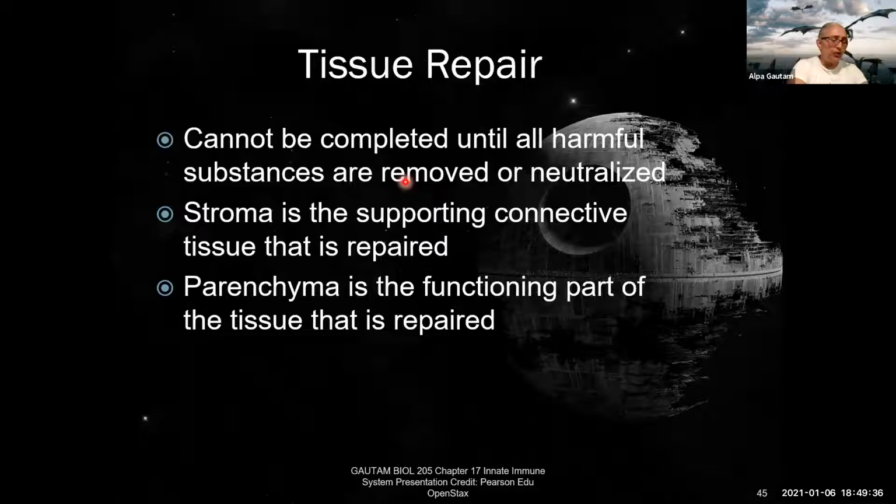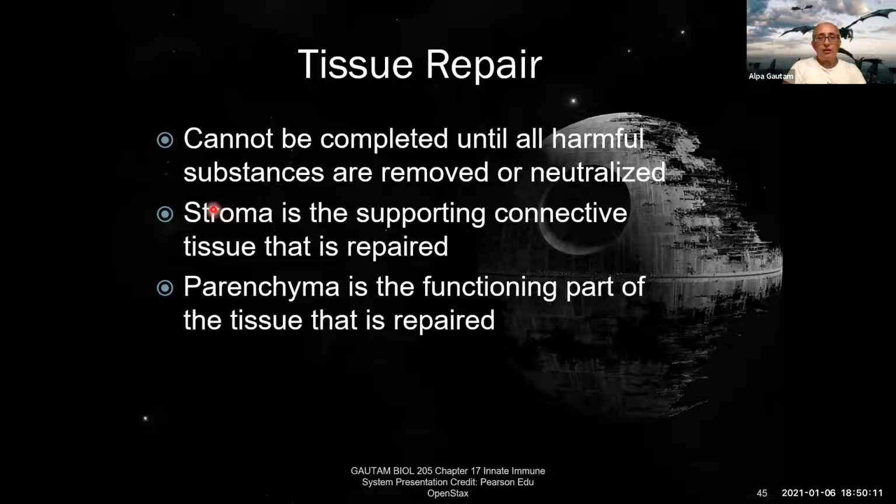So if you have a wound that's not healing, the reason for that is because that area hasn't been cleared of whatever agent has caused the damage, or there are agents that are still causing damage, right? So the only way a tissue can completely heal is once you remove these damaging microbes or chemicals that are present.